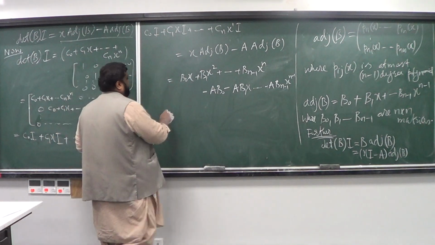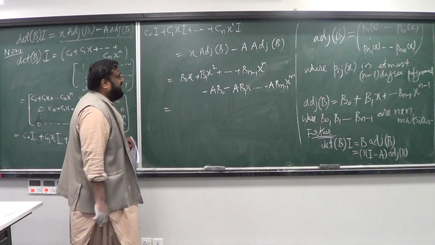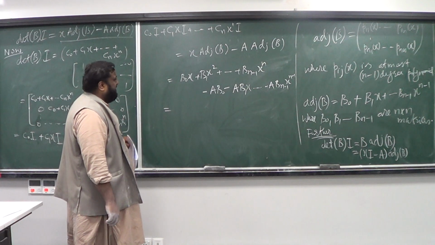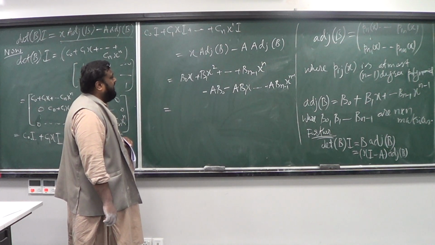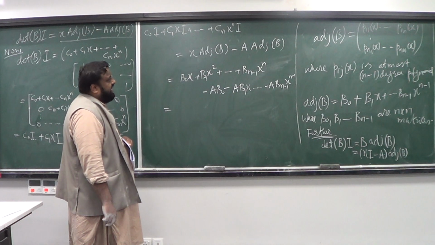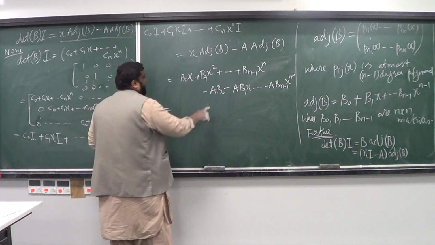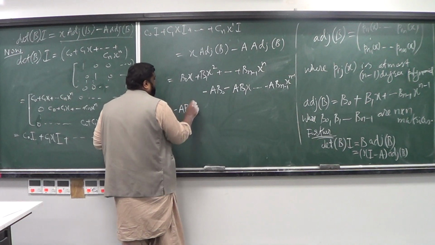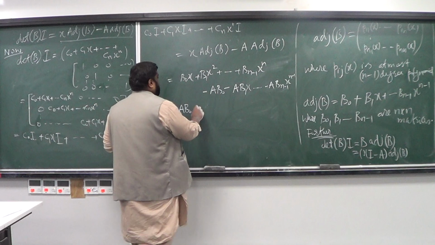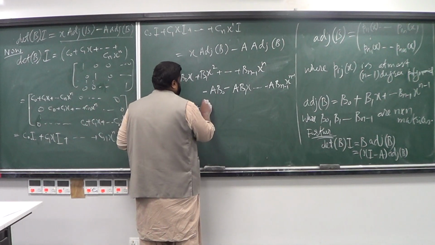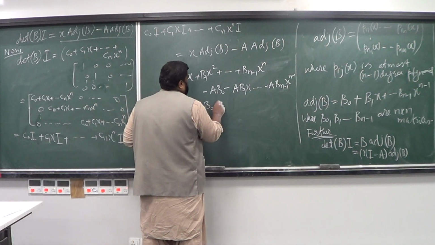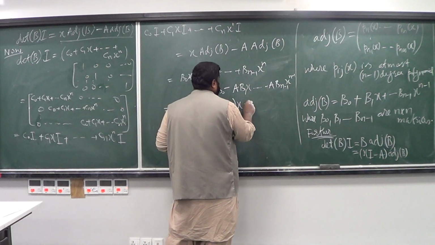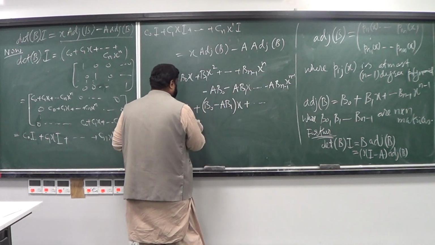Now, I combine all the terms with x, with x square, and so on and so forth. The term without variable is minus AB naught, plus I'm going to get B naught minus AB1 times x, plus so on and so forth.